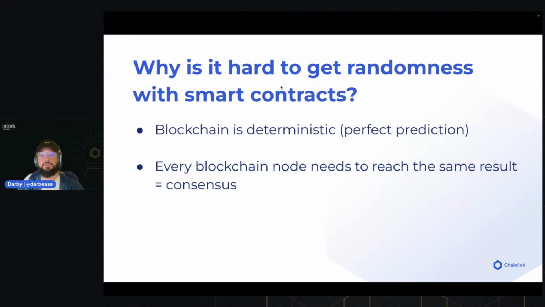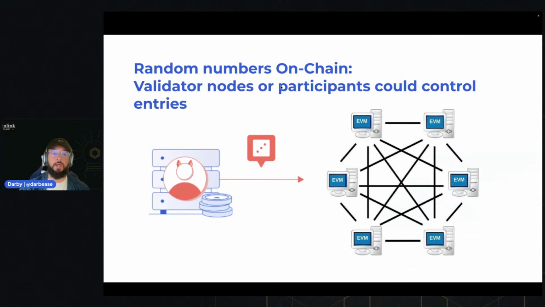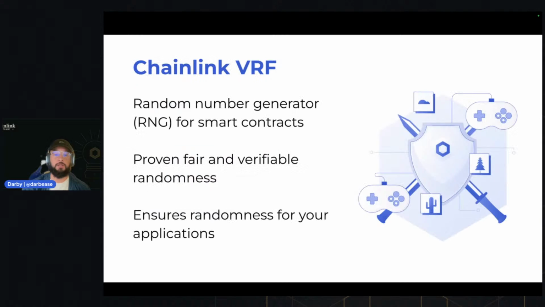Every blockchain node needs to reach the same result and consensus, so each node would also have a hard time running that random number. With random numbers on chain, the validator nodes or participants could control the entries. That would mean, say you had a 1 in 100 chance of getting a loot item, but you were able to send multiple transactions to game that using that logic on chain, you would be able to verify and confirm that you would get that 1 in 100 chance.